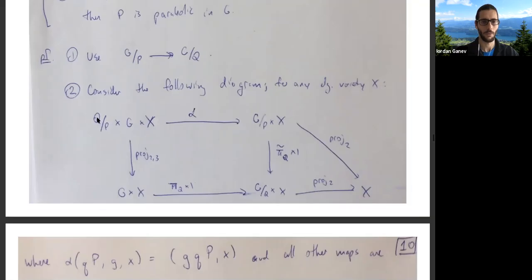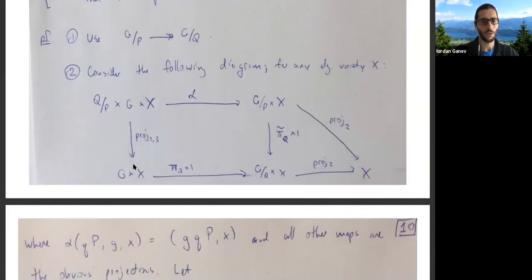This map alpha from Q mod P cross G to X is sort of like an action map, not exactly, which takes a coset and an element in G, and takes G times that coset of P. So it kind of extends the Q cosets for P to G cosets for P. We also have the projection map onto G cross X. Since Q mod P is complete by hypothesis, since we assume that P is parabolic in Q, this projection map is a closed morphism.